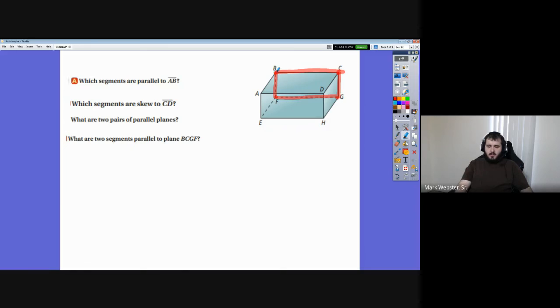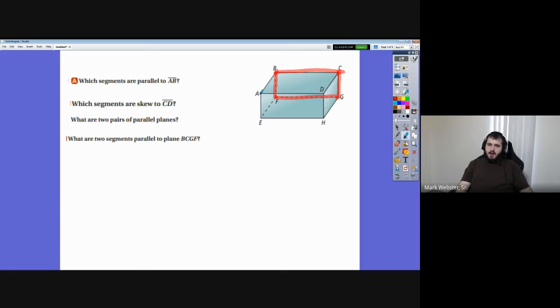And I want to know two segments on this box that are parallel to this back plane. And you can pick, there's a bunch of them. They only ask you to pick two. But it boils down to any segment that's on this parallel plane up front.